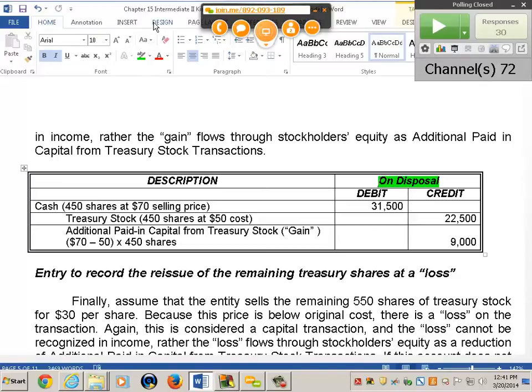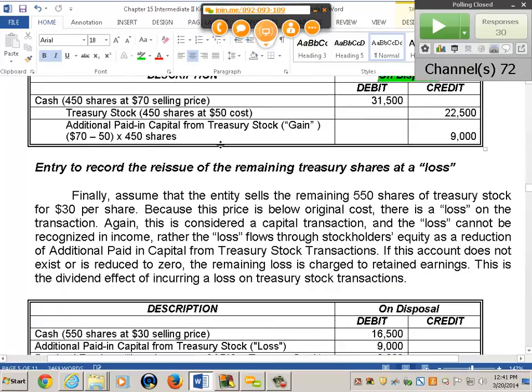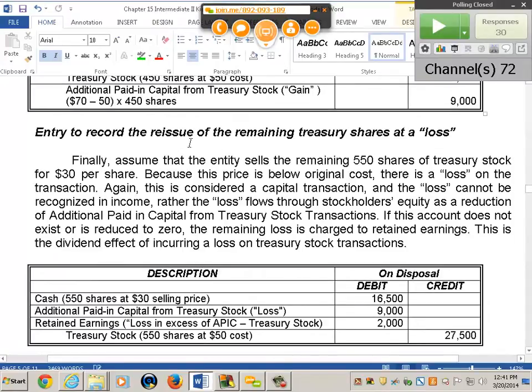Let's take a look at selling the Treasury at a loss. Now I'm going to say that I've got the remaining 550 shares and I want to sell them. I'm going to sell them now for $30 a share. So we have 550 shares for $30, so that's 16.5.